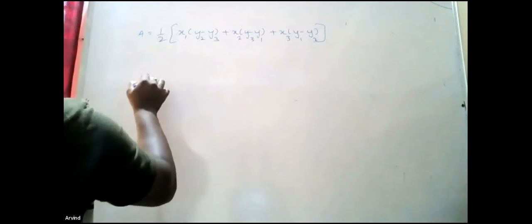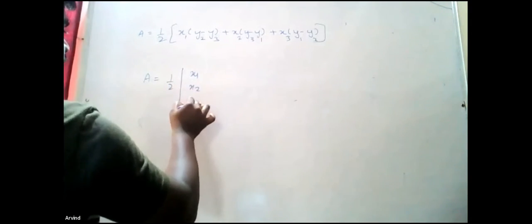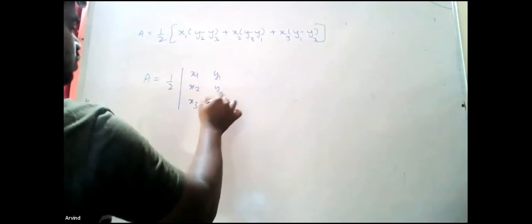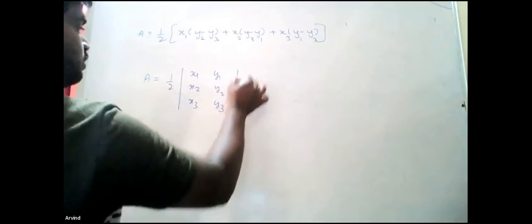So it will become half of the determinant x1 x2 x3, y1 y2 y3, 1 1 1.